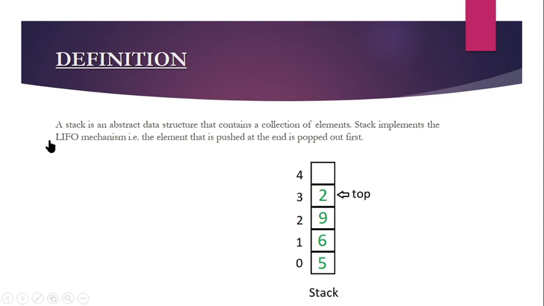That's why we follow a mechanism called LIFO, last in, first out. This is the last element that is inserted, that is going to be popped out first, and once it is gone, then 9 is going to be popped out, and then 6, and finally 5 is going to be popped out. This mechanism is unique in stack using array and as well as stack using linked list.